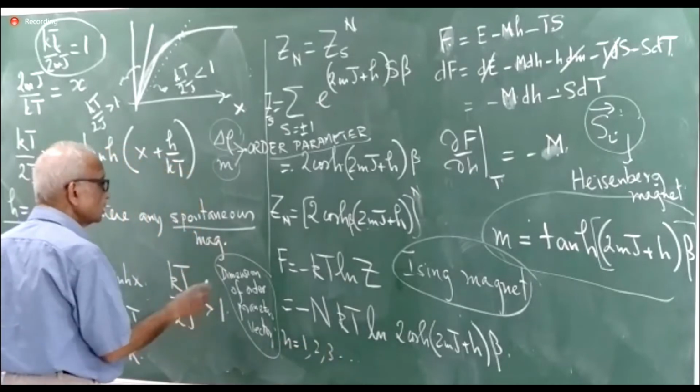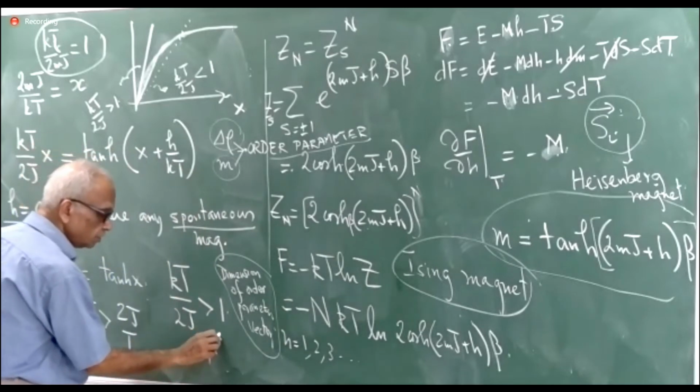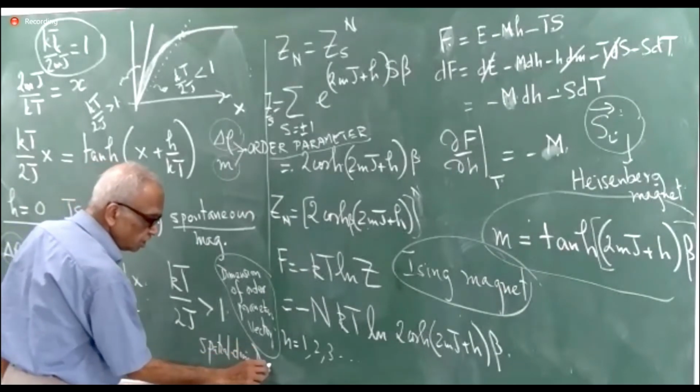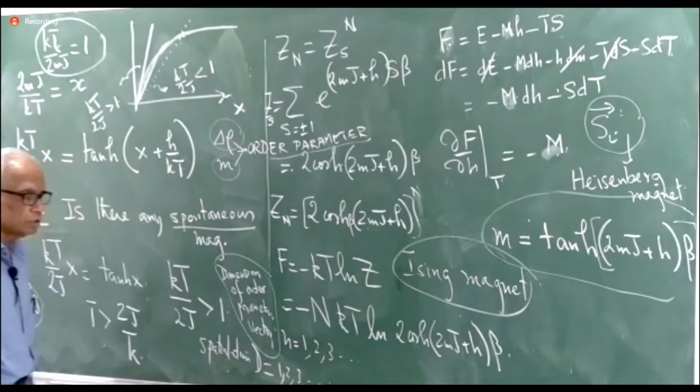And then there is the spatial dimension, which is d, and can be 1, 2, 3, and so on. So there are two distinct dimensions in this problem.